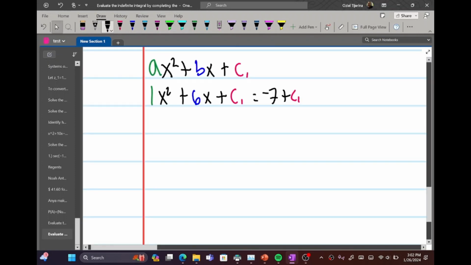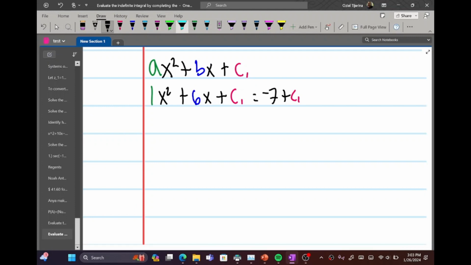From here, we know that a equals 1, b equals 6, and we're trying to find the C1 term. The way the formula goes for the third term, guys, C1 is always the middle term, b, over 2, and then all squared.